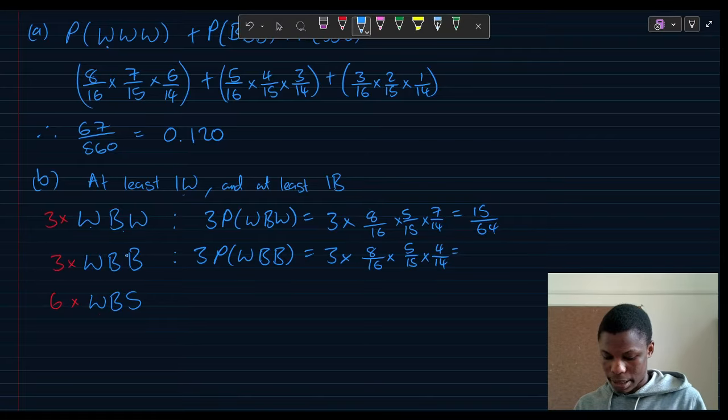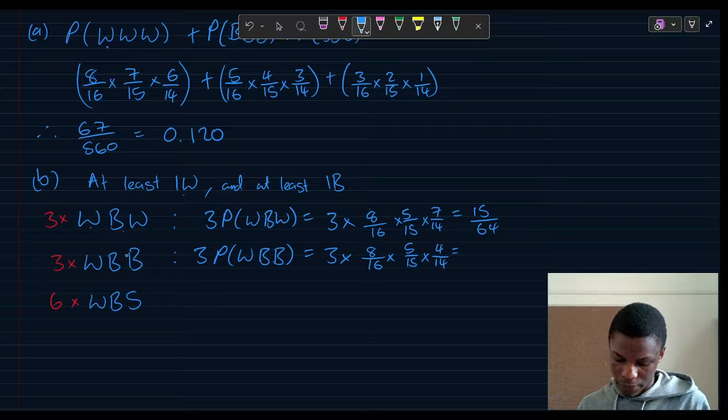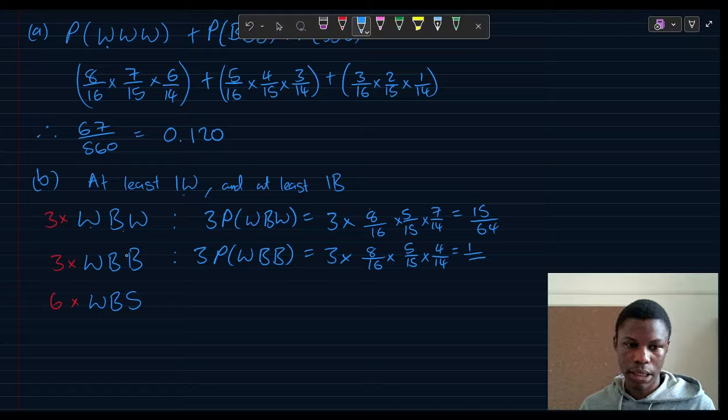And so this is 3 multiplied by 8 over 16 by 5 over 15 by 4 over 14, which is 1 over 7.